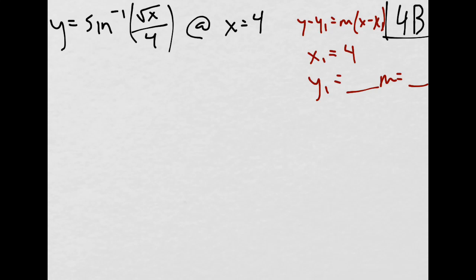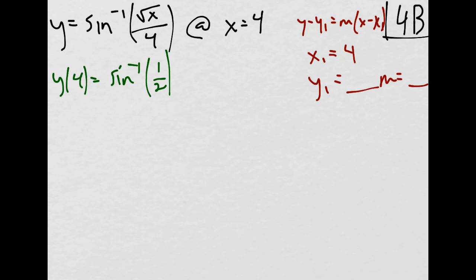y1 isn't too bad. I just need to plug in 4 for x right here. So y of 4 is equal to sine inverse of, well, that's root 4, which is 2 over 4, so it's sine inverse of 1/2.